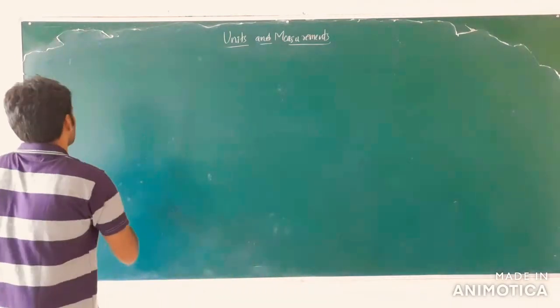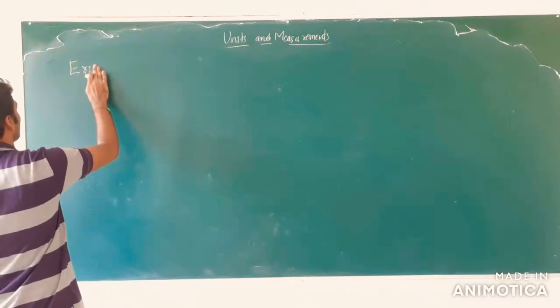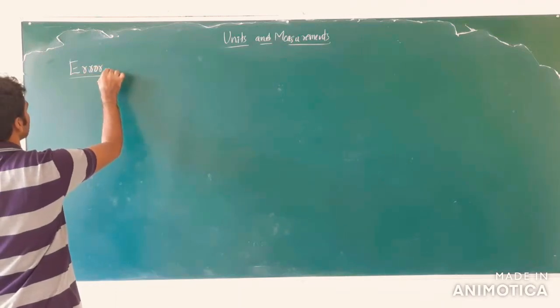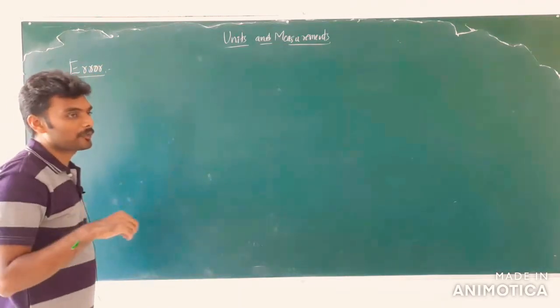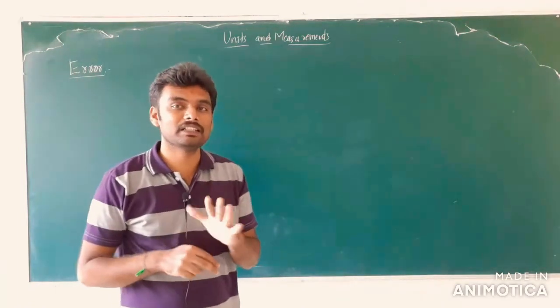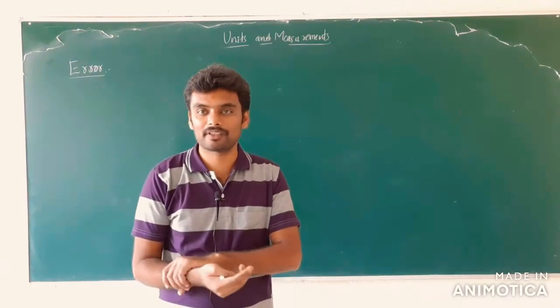So now we'll understand what is error, and the different types and sources of error. Error is always expected whenever we measure. What is error then? Error is the uncertainty. Nothing is 100% certain when we measure something, right?